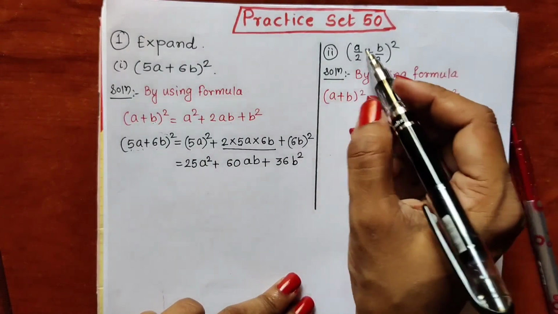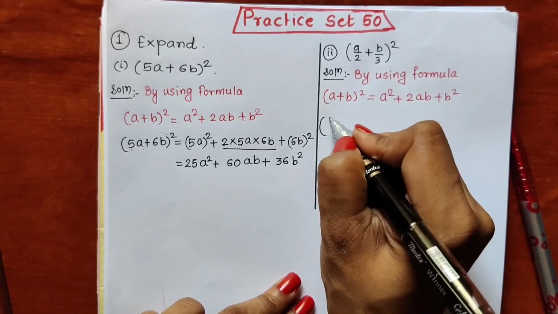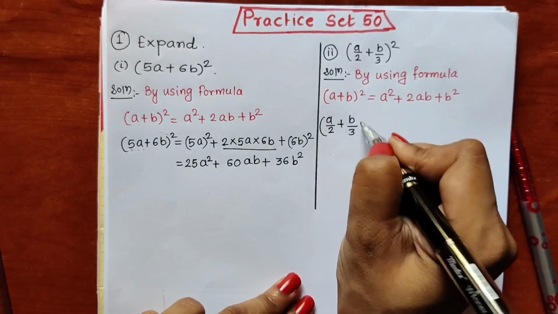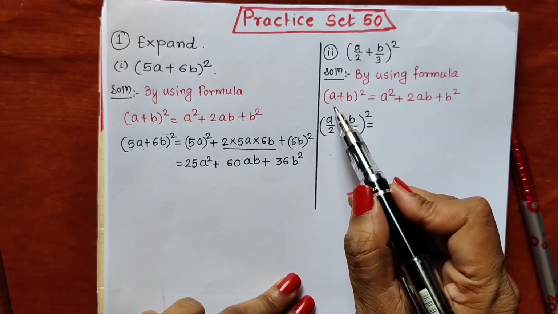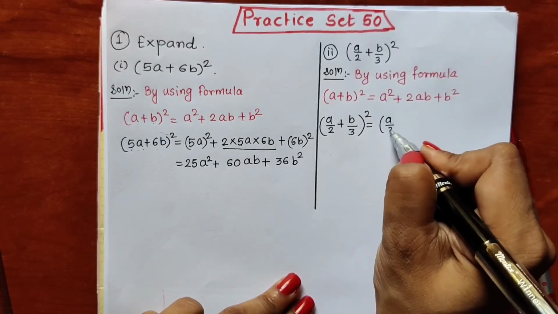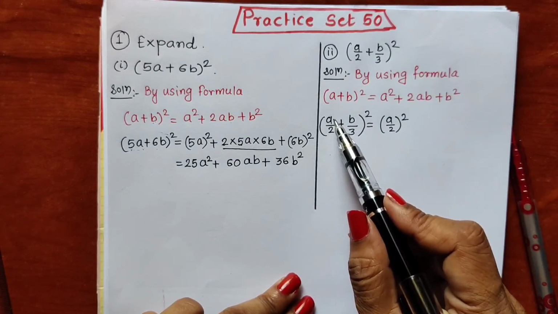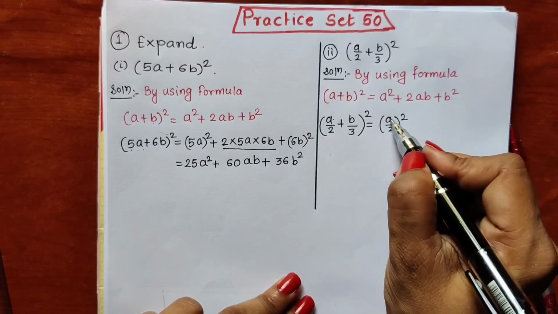Now we are going to apply the formula to our question. Question is (a upon 2 plus b upon 3) whole square. Now a upon 2 is our first term. So first term square means (a upon 2) square. Because it is in fraction form, we will put a bracket and then write the square.